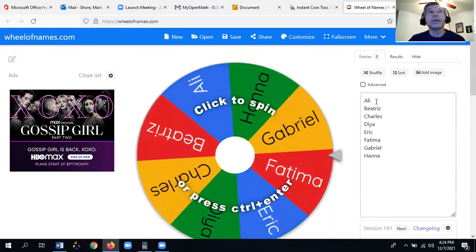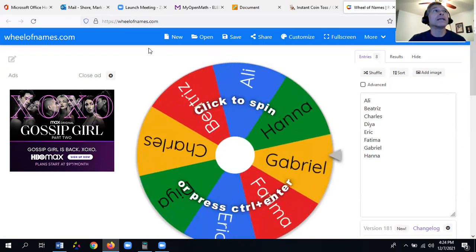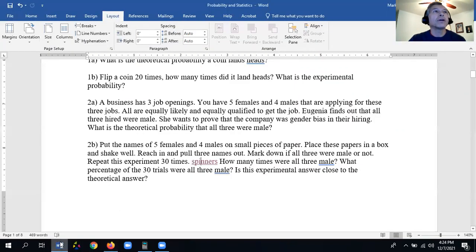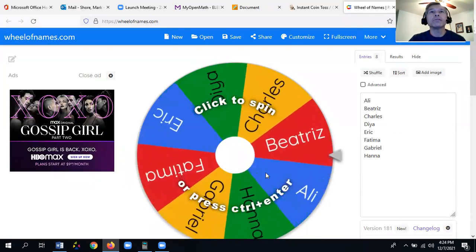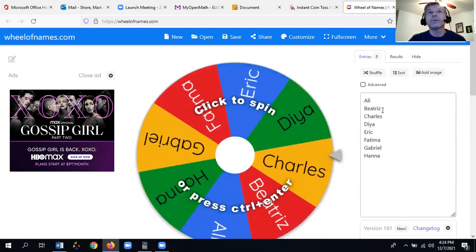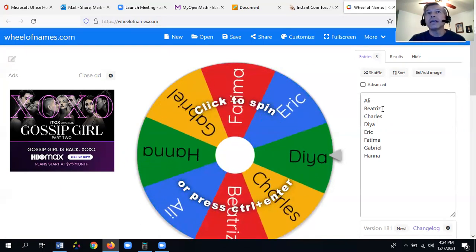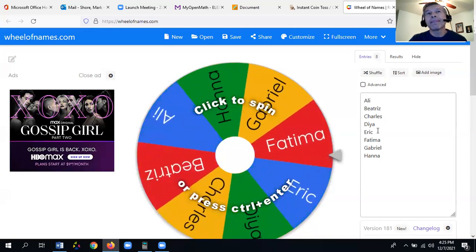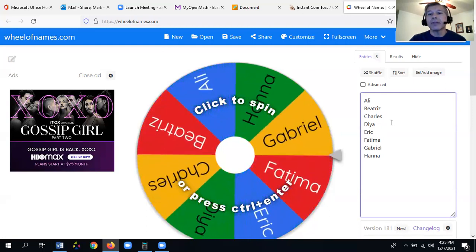So what we're going to do is follow what that problem said. It said there are 5 females and 4 males. So let's make it really definite here what's going on. So Allie, Beatrice, there's 2 females. Charles, let's see.